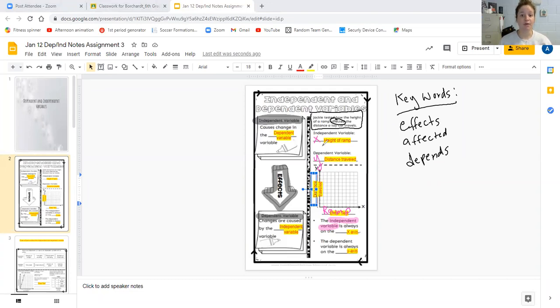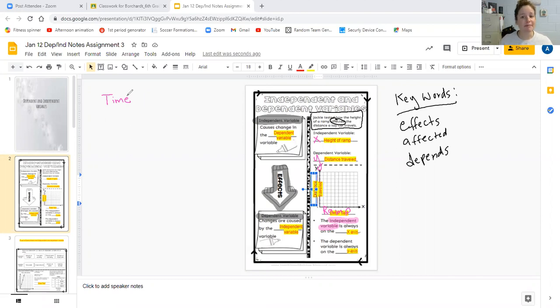Now, there's an example I want you to think of. When we're talking about independent and dependent variables, when we talk about time, think about this. Time. Whether we're watching TV, whether we're sitting here on Zoom in class, whether we're outside running around, or we're eating lunch, time is going to pass anyway, isn't it? Yes or no? Ezekiel, is it going to pass anyway? Yes. It is.